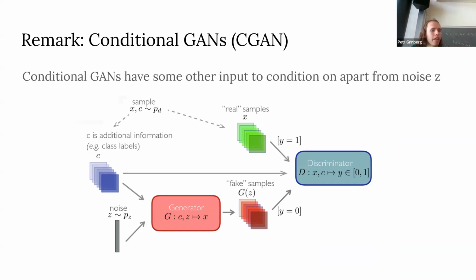So conditional GANs. Conditional GAN is exactly the same thing, but apart from making stuff from noise, you have something to condition on. Maybe it's a class label, or maybe it's another image. For example, you have a grayscale image and you want to generate a color image from it, so you will condition on this grayscale image.